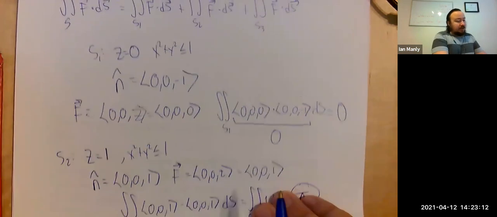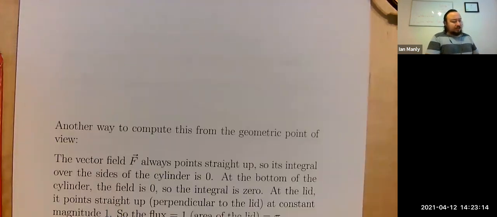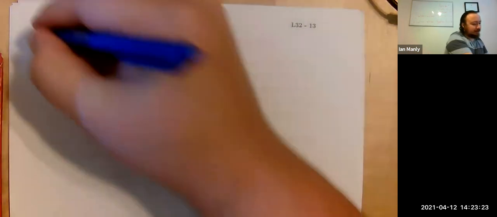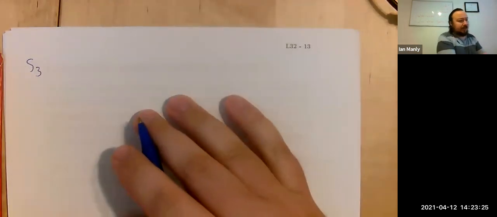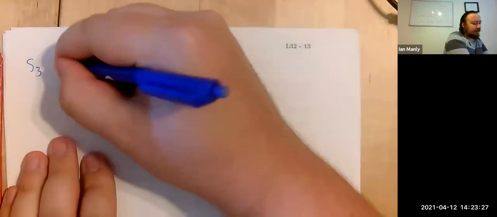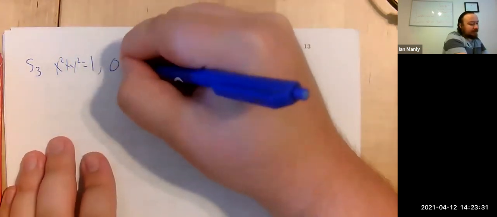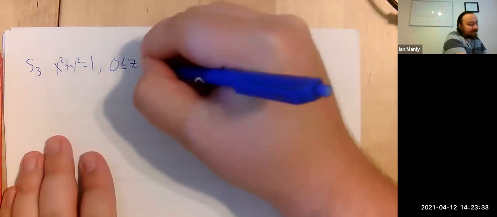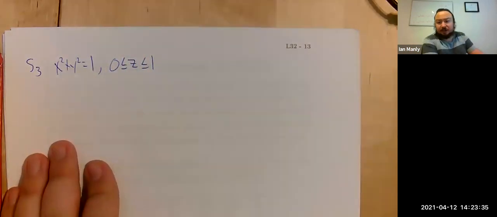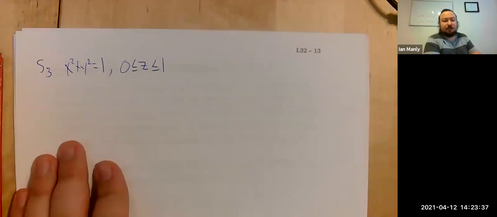And now we actually have one more surface to deal with. Our last surface is S3. S3 is where x squared plus y squared equals 1, and z is the thing that can vary now. Z can go from 0 to 1.